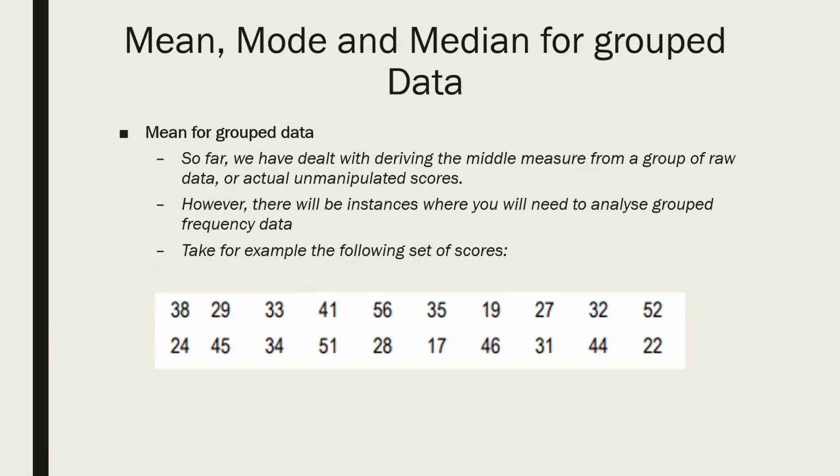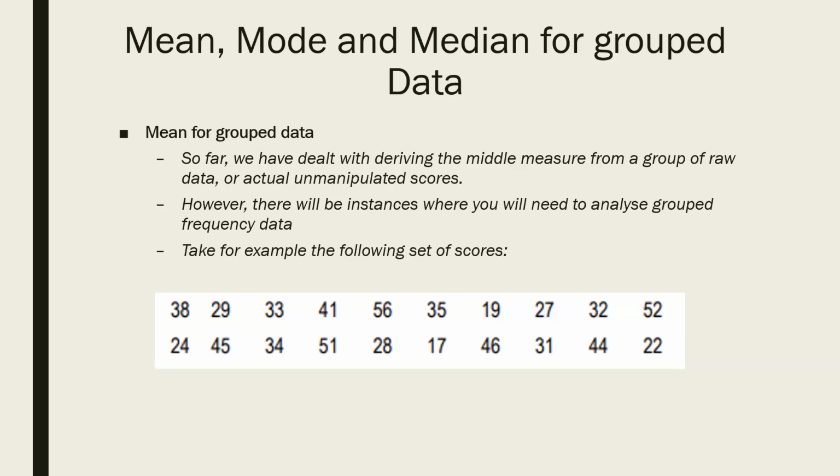That's why I took time to explain the difference between grouped data and ungrouped data, so that when you see the difference in formulas, you won't say, but Mara, we are just calculating the mean. Why is the mean having 2 different ways of calculating it? The reason is the type of data that we are given. If you are given raw data, you use a certain formula. If you are given grouped data, you use another formula.